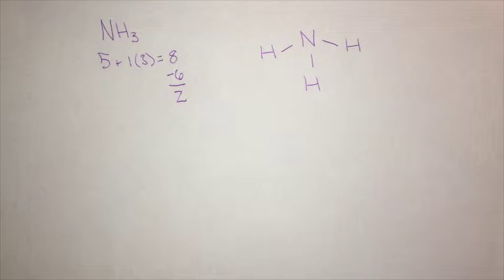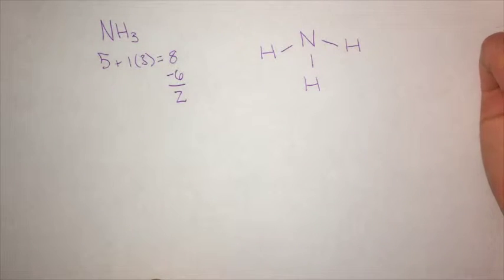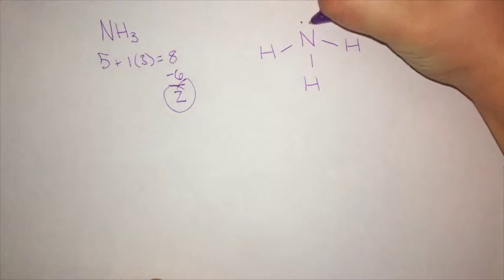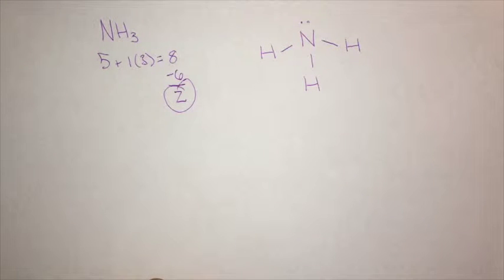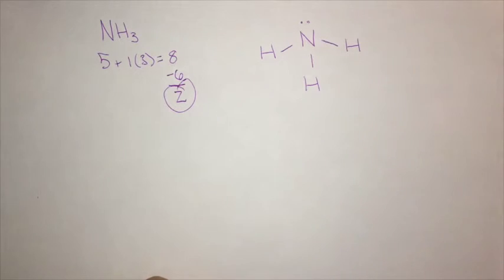Step number 5 applies to this one because we're going to end up putting a lone pair on one of the atoms. Since N is the center atom, we can put 2 on here because that's a pair, and then those 2 valence electrons will complete the octet for nitrogen because there's 2, 4, 6, 8. So that is our Lewis dot structure for NH3.